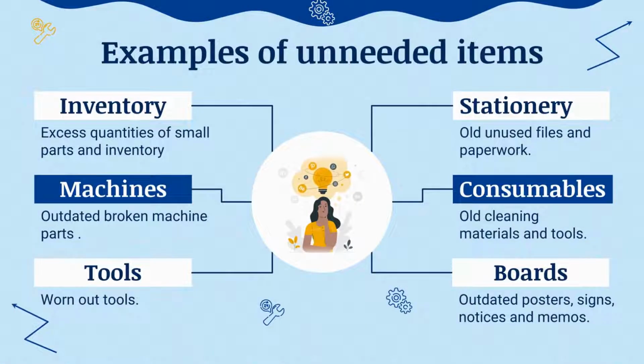Certain types of unneeded items tend to accumulate in factories, warehouses, and offices in predictable places. Examples of unneeded items include excess quantities of small parts in inventory, outdated broken machine parts, worn-out tools, old rags and cleaning supplies, old and used files, outdated posters, signs, notices, and memos.